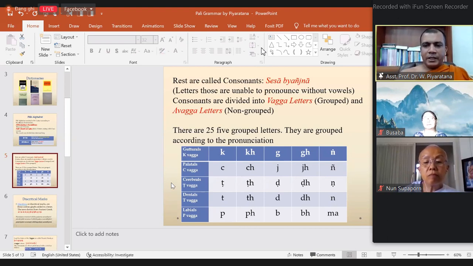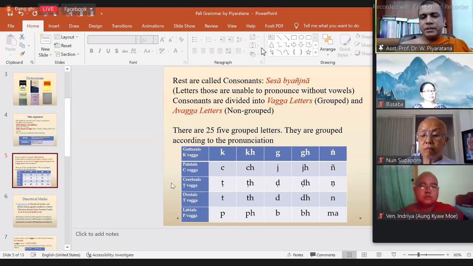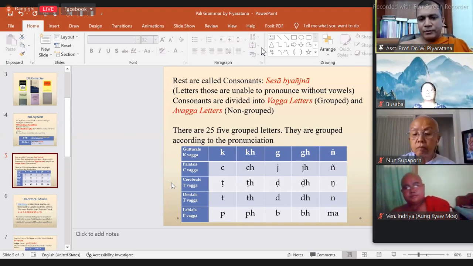Why are they called byanjana? Consonants are unable to be pronounced without the support of vowels. So we have to combine consonants with vowels, then we can pronounce them. But later we will go into that.